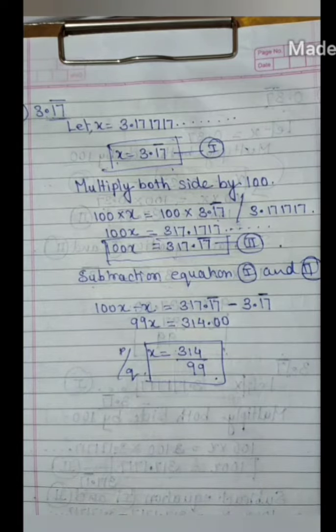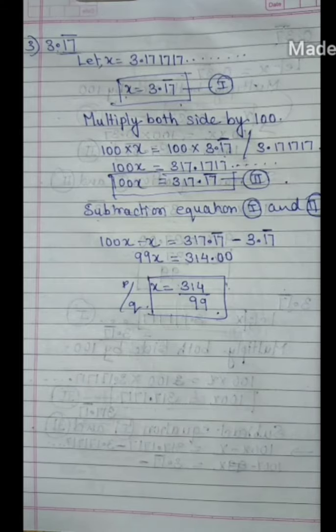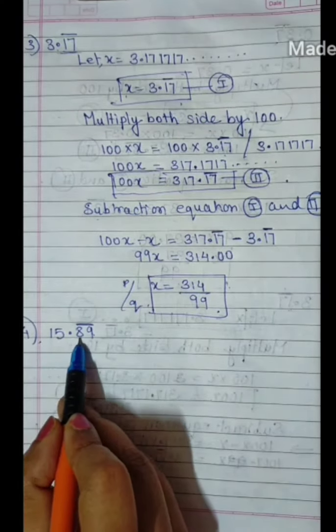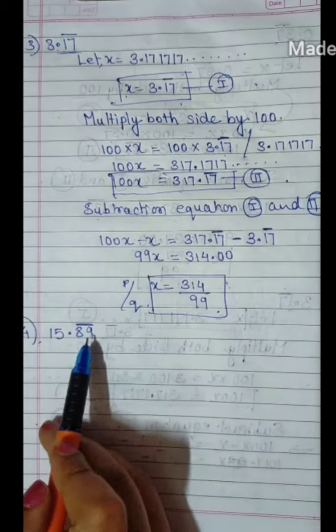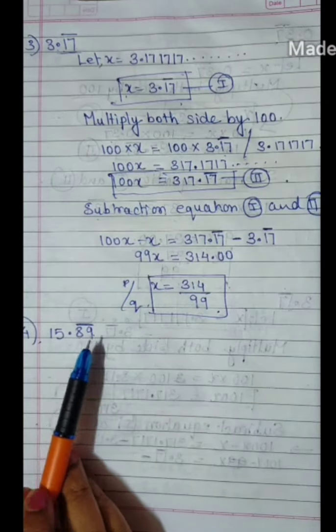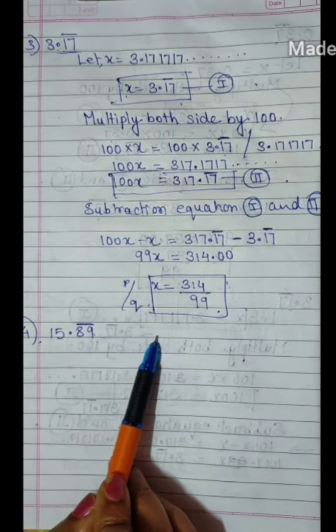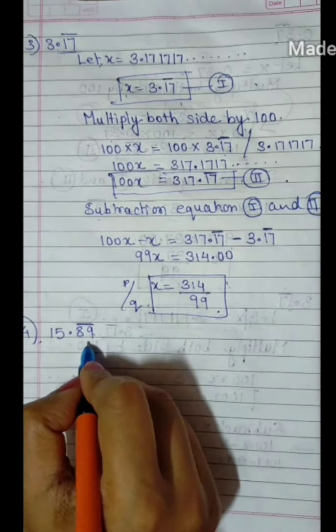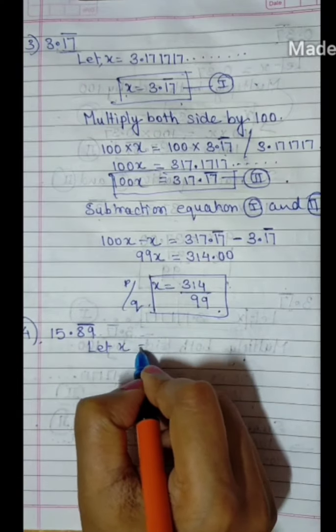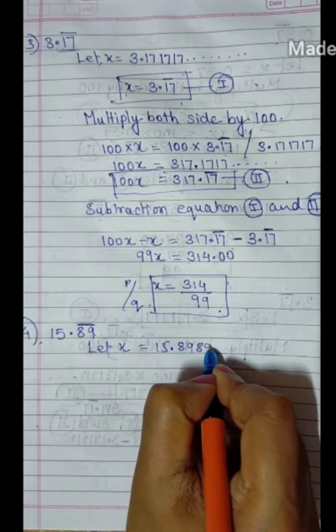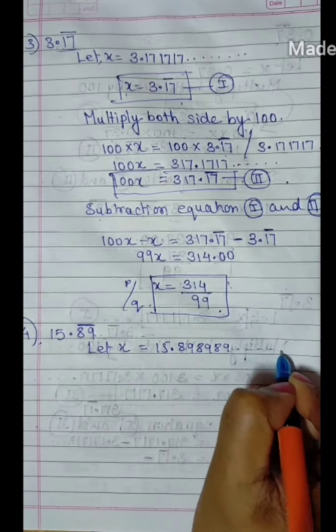Now this is the fourth question, that is 15.89 bar. Again, this is also a recurring type. These two numbers are recurring numbers. They go on repeating. So let x is equal to 15.898989 and so on.